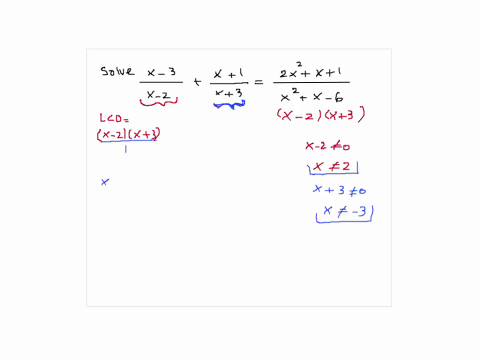So if I multiply each term by the LCD, I would guarantee that I eliminate the fractions. So the first term here would be x minus 3 over x minus 2.